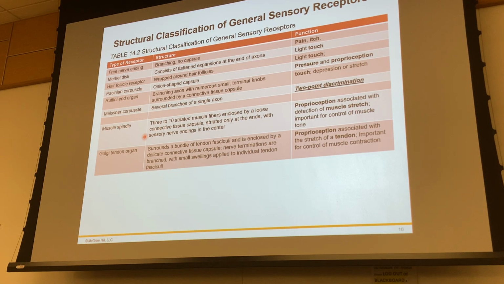The last 2 on this list are the muscle spindles and the Golgi tendon organs. The muscle spindles are associated with stretch receptors, and have I talked about stretch receptors already? Yes, I have. That's in the context of reflexes and monosynaptic reflexes.